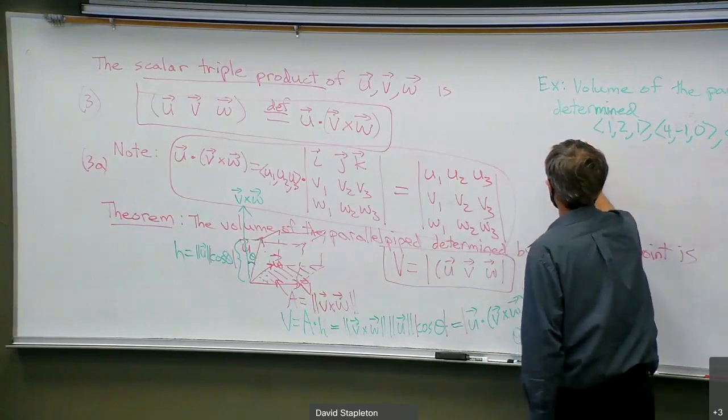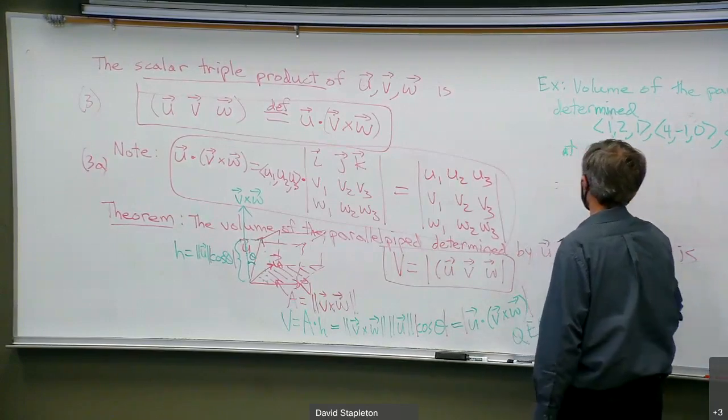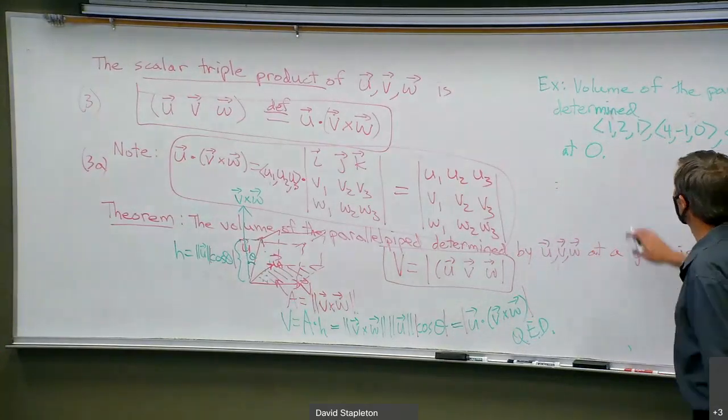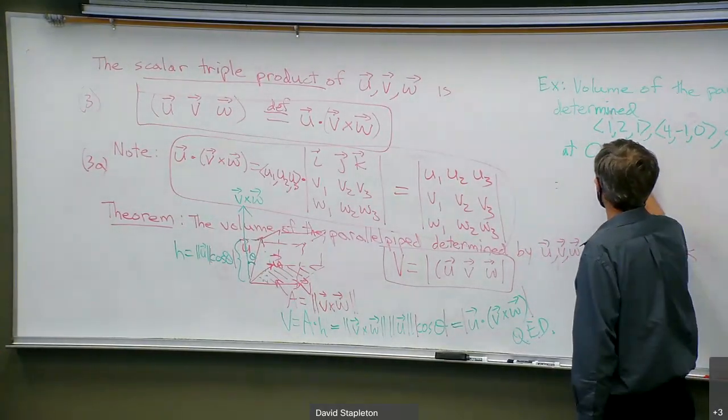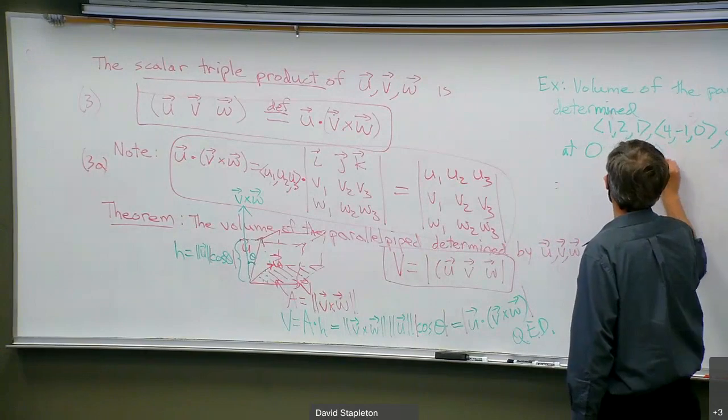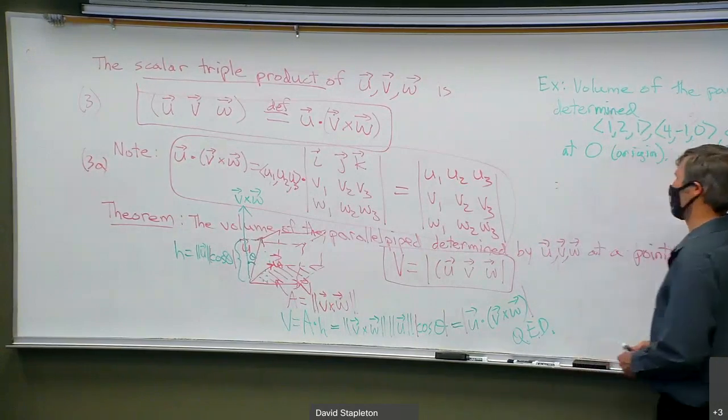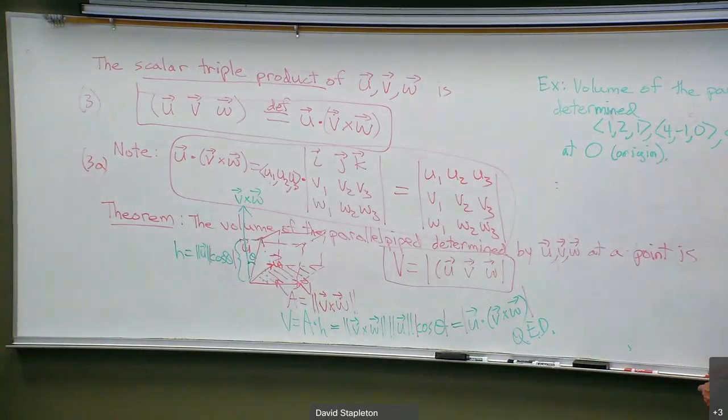Say the vectors are all at the origin, O for origin. Doesn't matter where they are, it's the same volume, but we'll put them at the origin. What's the volume? It's as easy as taking the absolute value of the determinant.